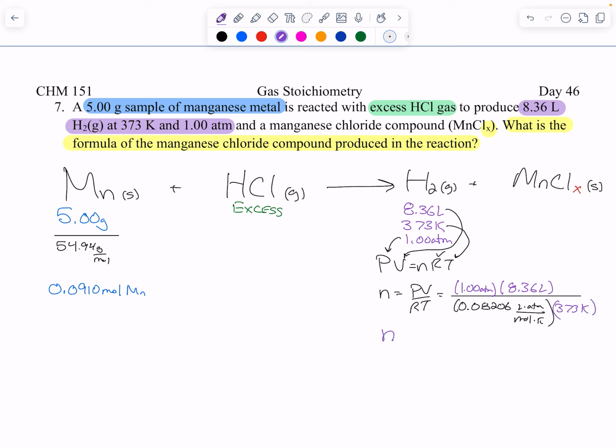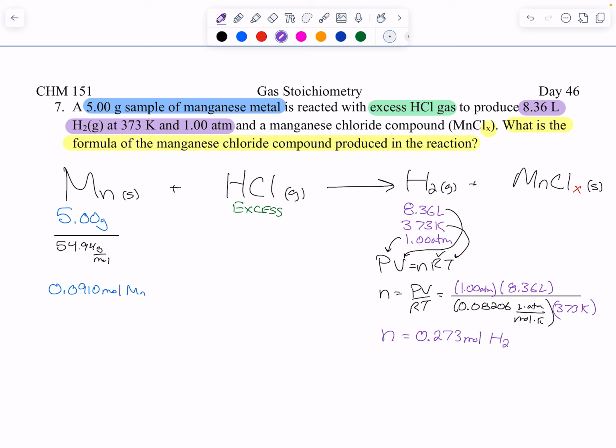So it looks like the number of moles of H2 is 8.36 divided by 0.08206 divided by 373. I get 0.273 moles of H2.